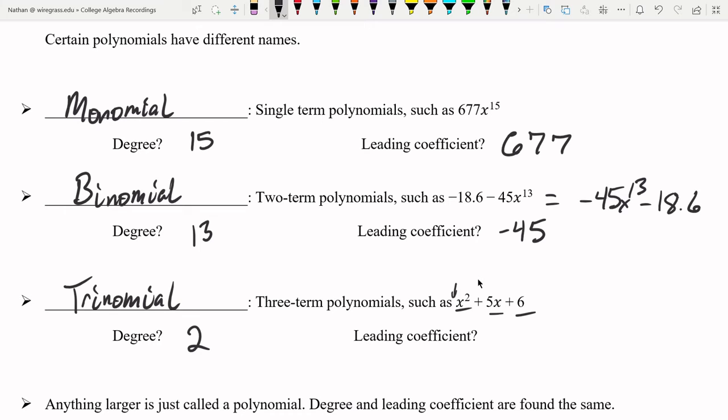There's no number written, but you can always add a 1 in there. So the leading coefficient is 1. Now, anything that has more terms than a monomial, binomial, or trinomial, we typically just call a polynomial in general. Poly means many, nomial means number, so many number expression. But we still find the degree and the leading coefficient the same way.